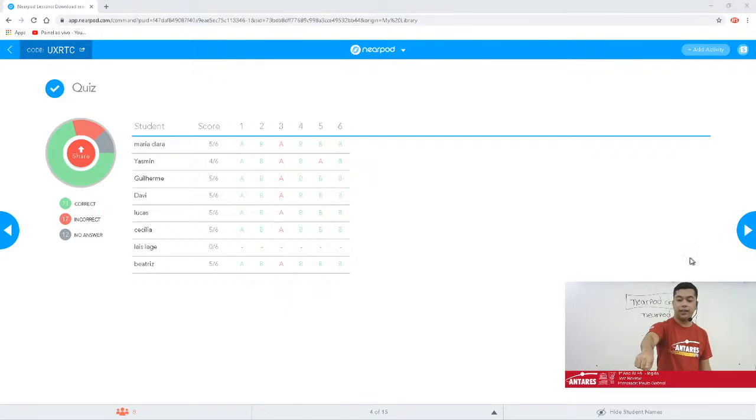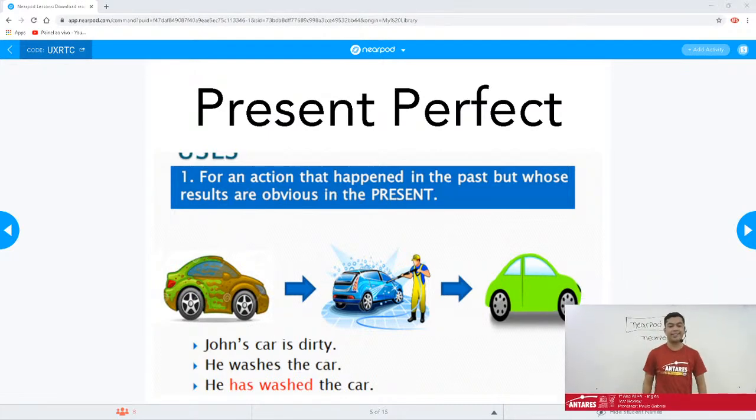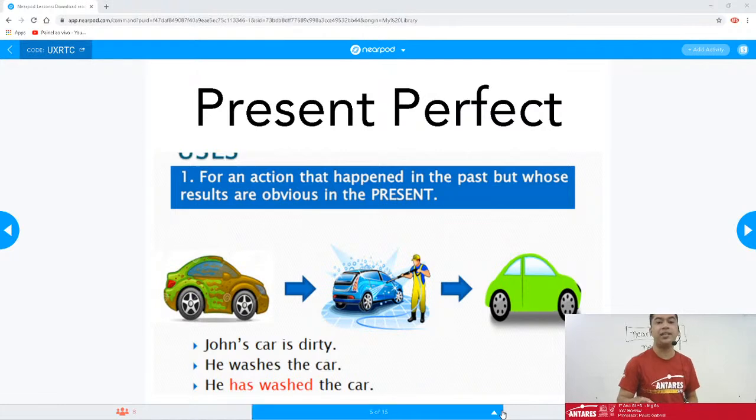Yes, you can click on that little arrow, so we can take a look at the explanation. Okay, very good, guys. Here I brought some of the uses of present perfect. The first one is what most of you answered: for an action that happened in the past, but whose results are obvious in the present.